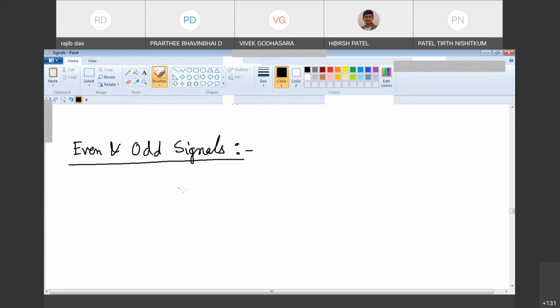So any signal, even signal, it will be called an even signal. Suppose x_e(t), I'll put a suffix e.